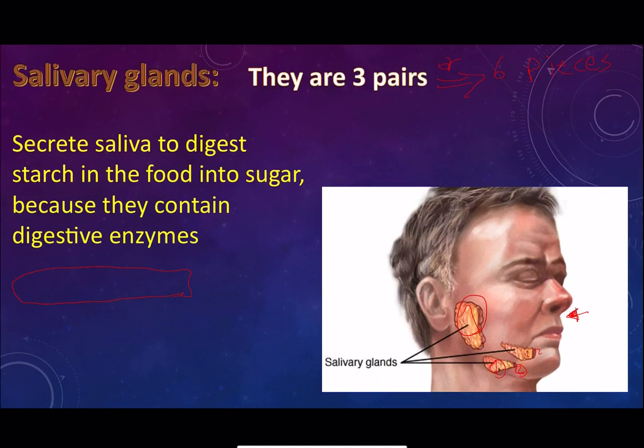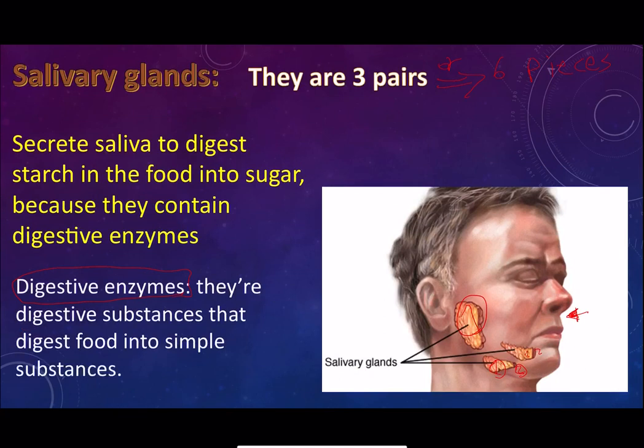And finally, the salivary glands, they are 3 pairs or 6 pieces, responsible for secreting saliva that digests starch into sugar because they contain digestive enzymes, and we said the definition of digestive enzymes.